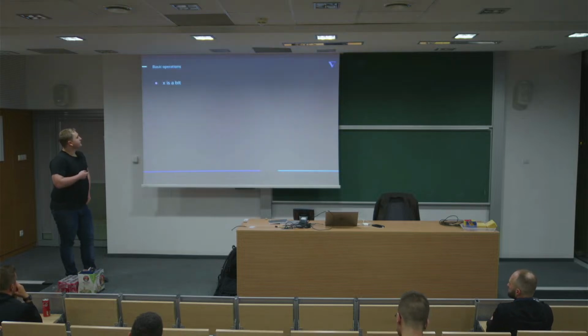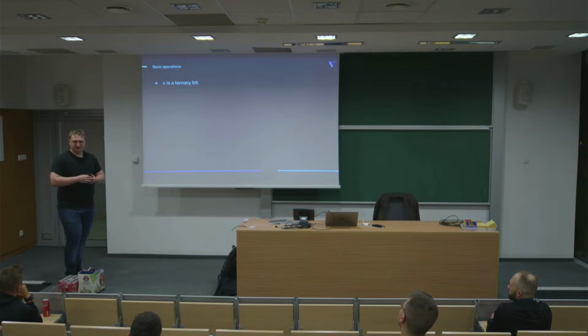So now we can check if x is a bit, and now we have an exercise for the group. If we want to check if x is a ternary bit, which is either 0 or 1 or 2, how would we do that? For example, if we operate on a computer which has bits of not 2 values but 3 values. There were some computers like that in the early ages.